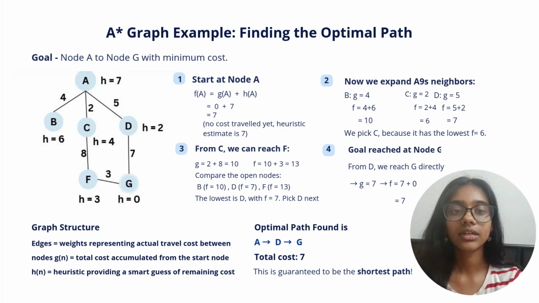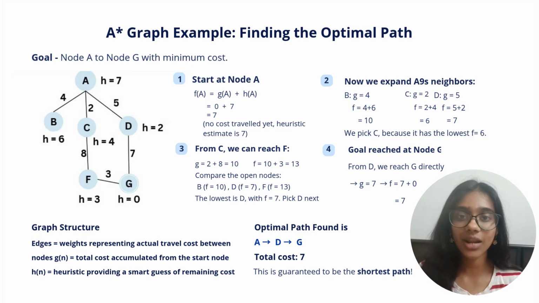Now that we know how A star works, let's see it in action with a graph example. Our goal is to reach node G from node A. Here's the graph. So these are the edges, the real distance you actually travel, and the numbers are called weights, which represent the actual cost to travel from one node to the next.